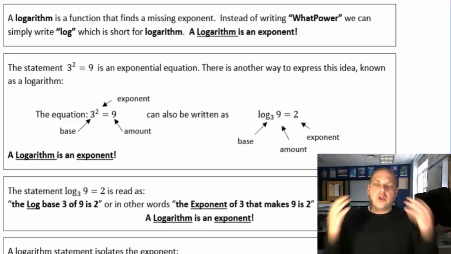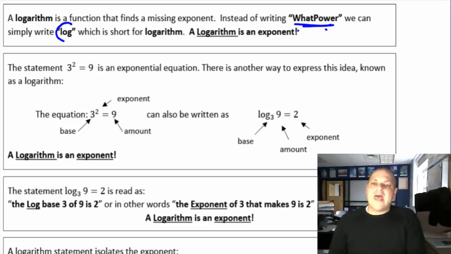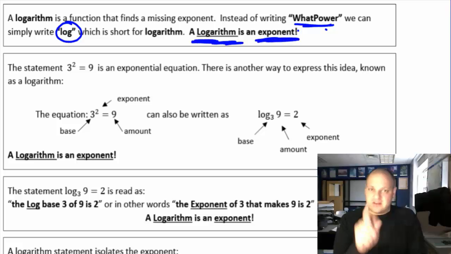All right, so a logarithm is an unknown exponent. Instead of writing what power, what power, what power, we can simply write log, and that stands for logarithm because, again, a logarithm is an exponent. I'm going to ask you in class tomorrow, what's a logarithm? And I want everyone in unison to say an exponent. Okay, we'll see if that happens.